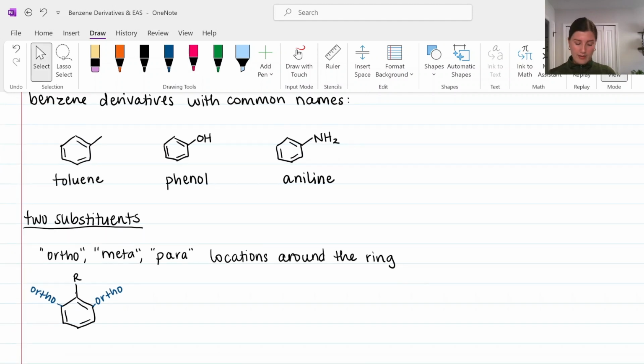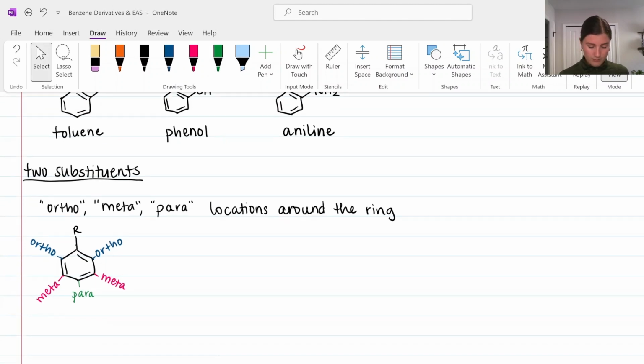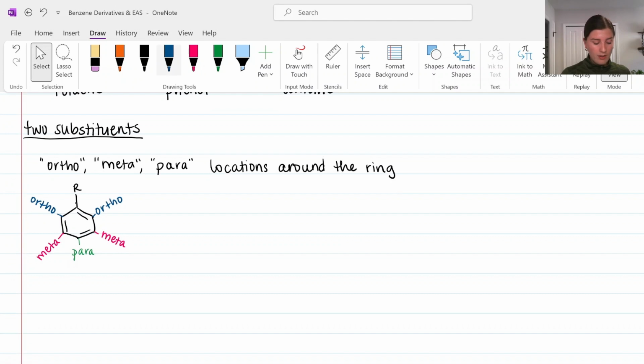If we have substituent R and the other substituent is 2 carbons away, so where I've drawn those pink lines, those are in a meta relationship. And then lastly, if the group is directly opposite of the other group, then this is para. And so those words become part of the name of the benzene derivative.